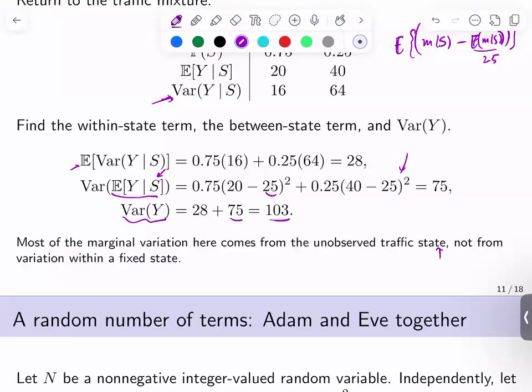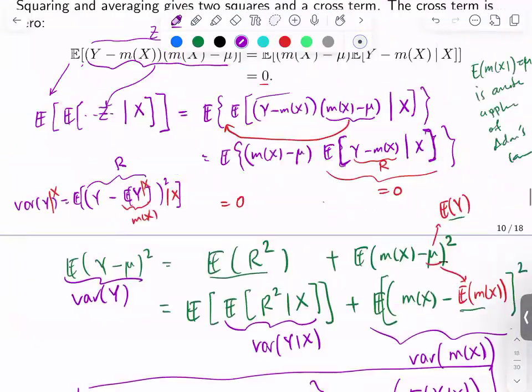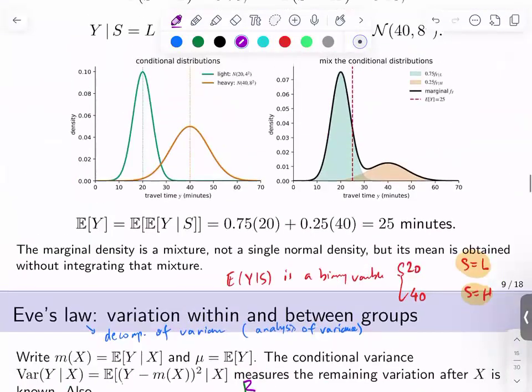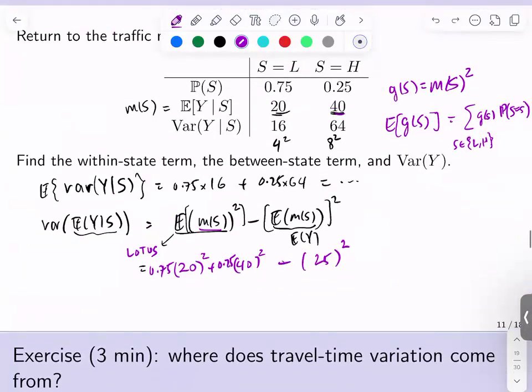Not from the variation in the fixed state, right? So the total variation would be higher, and you can see this distribution is more spread out than either one of them. So the mixture is more spread out, so it has to be bigger than in these individual ones.